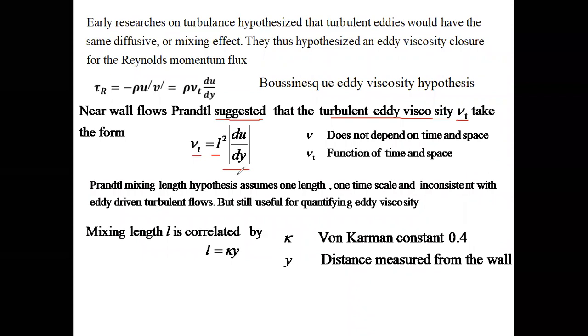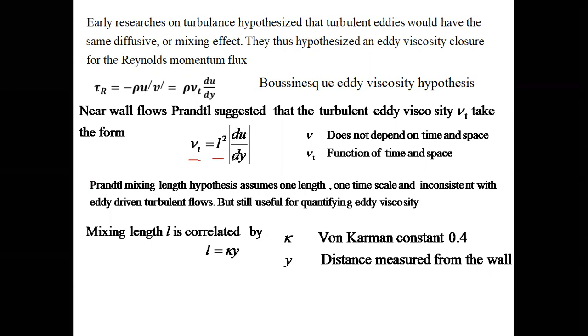The physical meaning is the length that a turbulent flow fluid particle moves before it collides or hits with another fluid particle. We call that L, the mixing length, right? Then he suggested that this nu t, or eddy viscosity, can be written as L squared times du by dy.